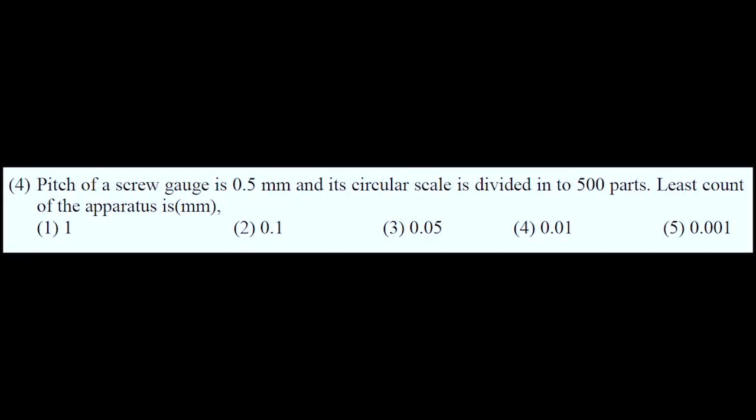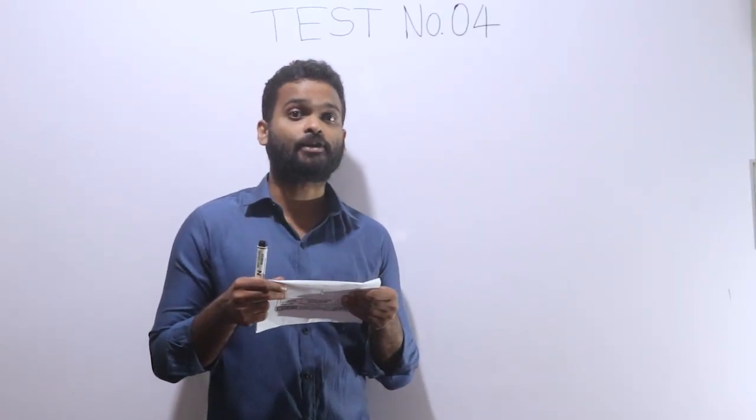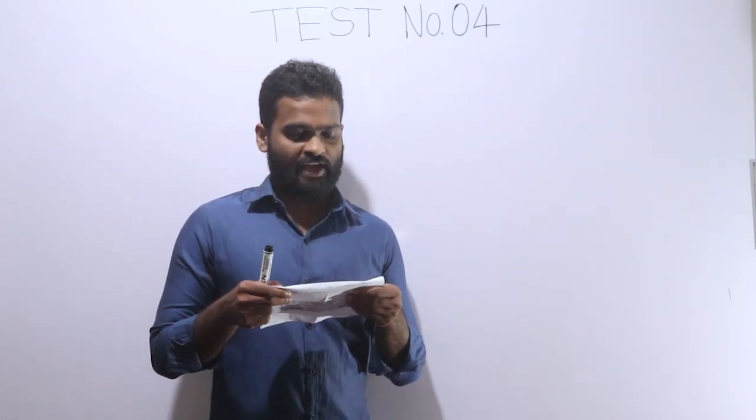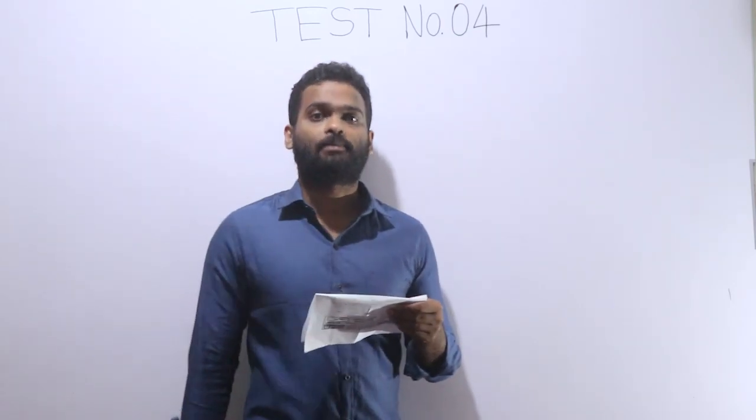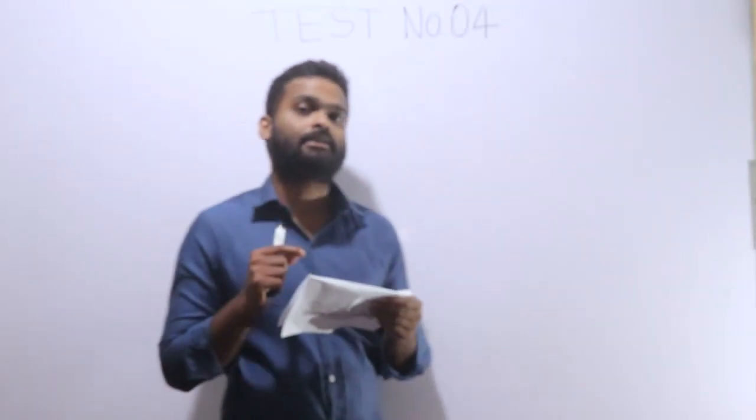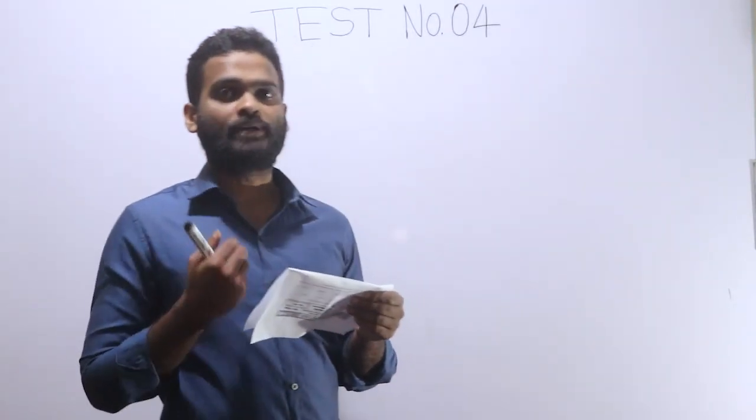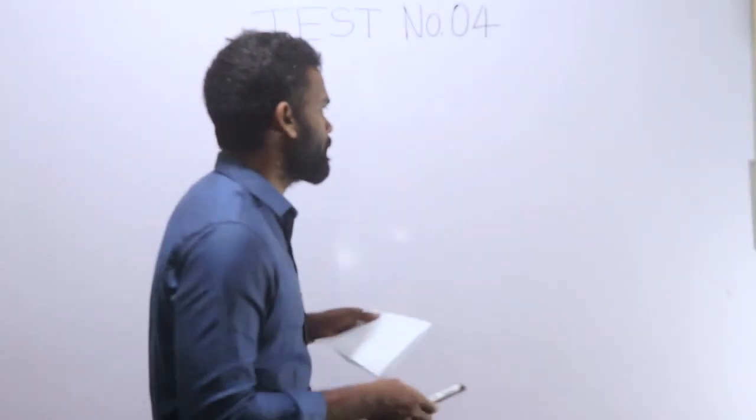The fourth question. Pitch of a screw gauge is 0.5 millimeters and its circular scale is divided into 500 parts. They are asking for the least count of the apparatus. So you have to remember how to find the least count of a screw gauge apparatus.